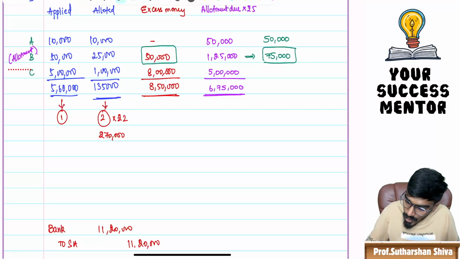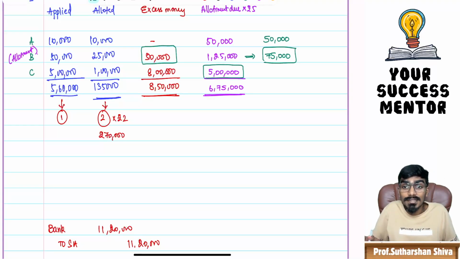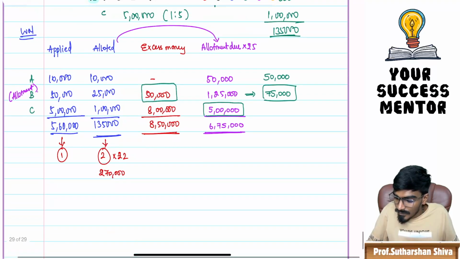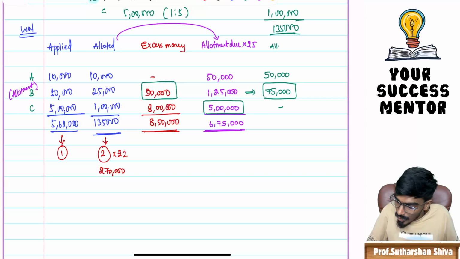So, how much is required for the allotment money due? 5 lakh. How much is the excess? 8 lakh. So the full 5 lakh will be utilized. So allotment money cannot be received from category C.